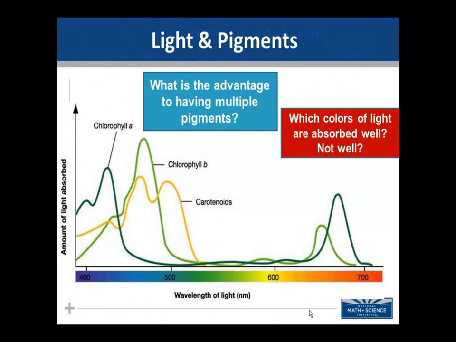For example, between about 670 or so and 690, this light right here in this range is primarily being absorbed by chlorophyll A. And so if chlorophyll A was not here, all of this light would not really be absorbed, because chlorophyll B isn't absorbing it very well, and from about 680 to 695 or so, there's really no absorption other than what's being done by chlorophyll A. And so again, if you don't have a bucket to capture that light or a pigment to capture it, you're unable to use it to drive photosynthesis. Okay.